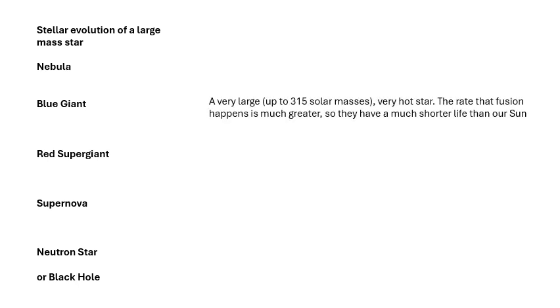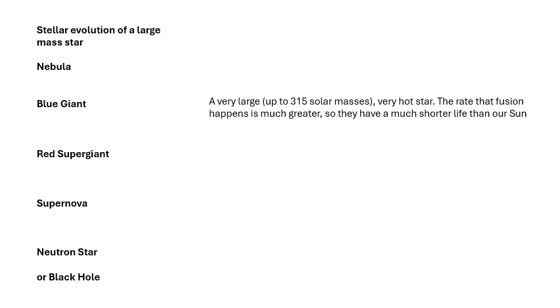Okay, large mass stars. So again, nebula, then a blue giant. This is a very large star. I think the biggest one they found is 315 solar masses, a very hot star. Because it's very, very hot, the rate of fusion is much, much bigger, so they don't last very long comparatively.